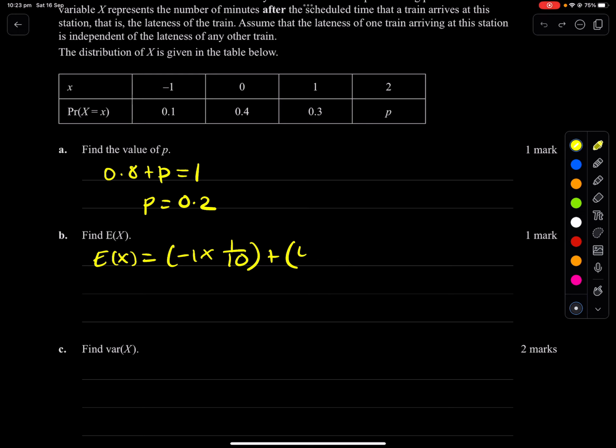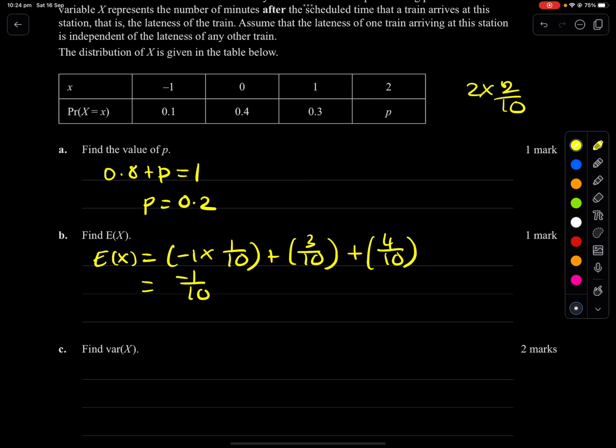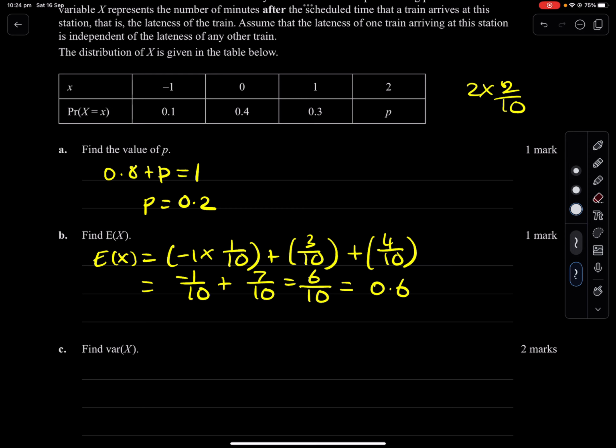So -1 times this, that will cancel out. So then we say 3 on 10 plus, what's 2 times 2 on 10? So 4 on 10. So we're saying -1 on 10 plus 7 on 10, 6 on 10, which is just 0.6.